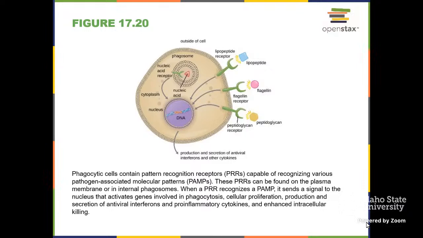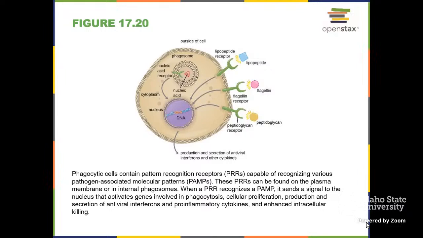So on our phagocyte, there are pattern recognition receptors, these green guys. There are all sorts of different types that can recognize different substances and stimulate this phagocytic cell to respond. It has the ability to sense lots of things that we would say are foreign and potentially bad news.